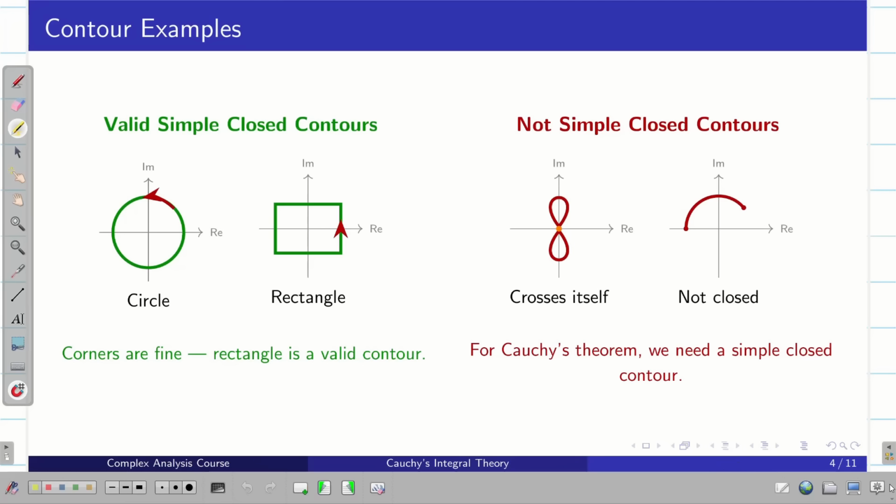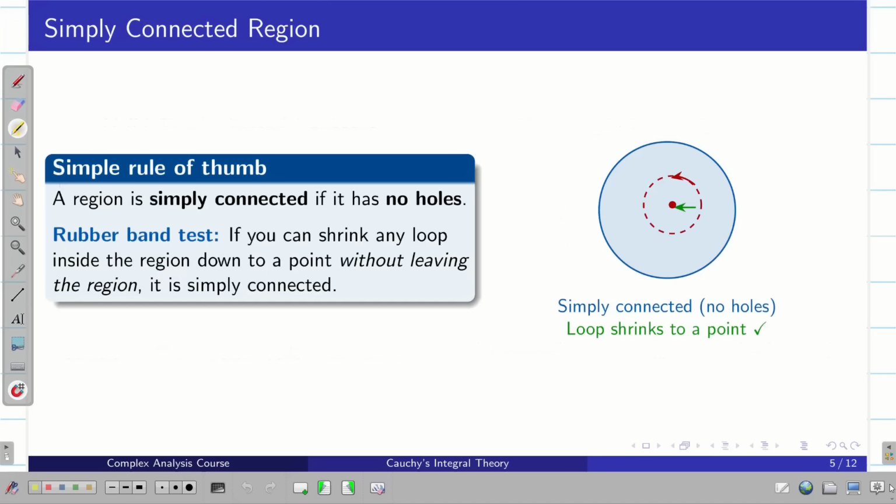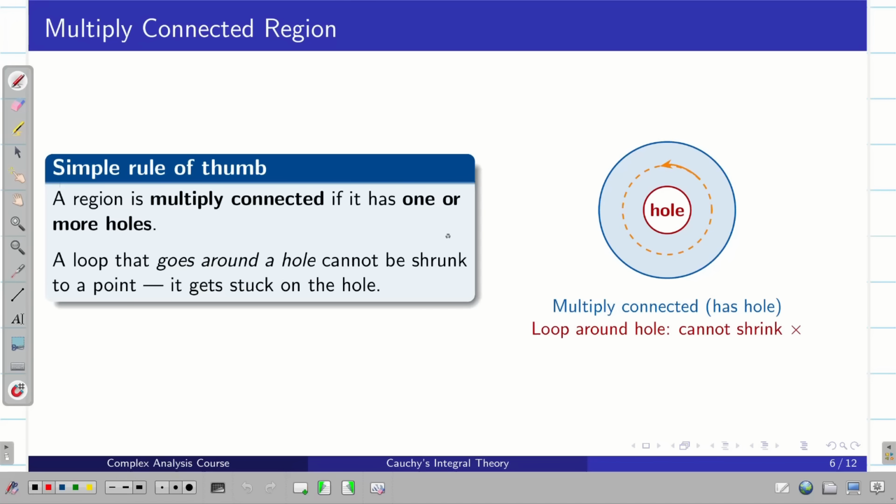Next, we are going to see what is meant by simply connected region and multiply connected regions. A region is said to be simply connected if it does not have any holes. For example, you can see this image. It can be easily shrunk to a point. A region is multiply connected if it has one or more holes.